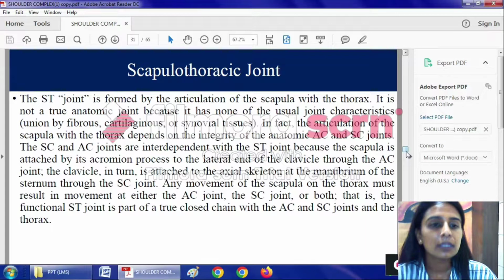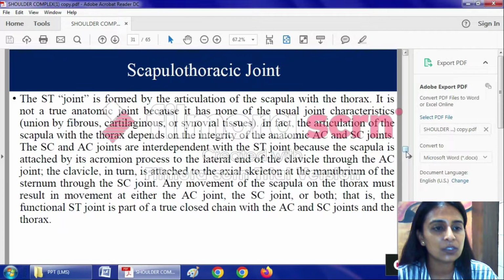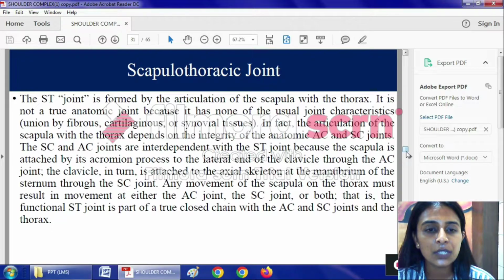Now, the third joint, the scapulothoracic joint. The scapulothoracic joint is formed by the articulation of the scapula with the thorax. It is not a true anatomic joint because it has none of the usual joint characteristics.